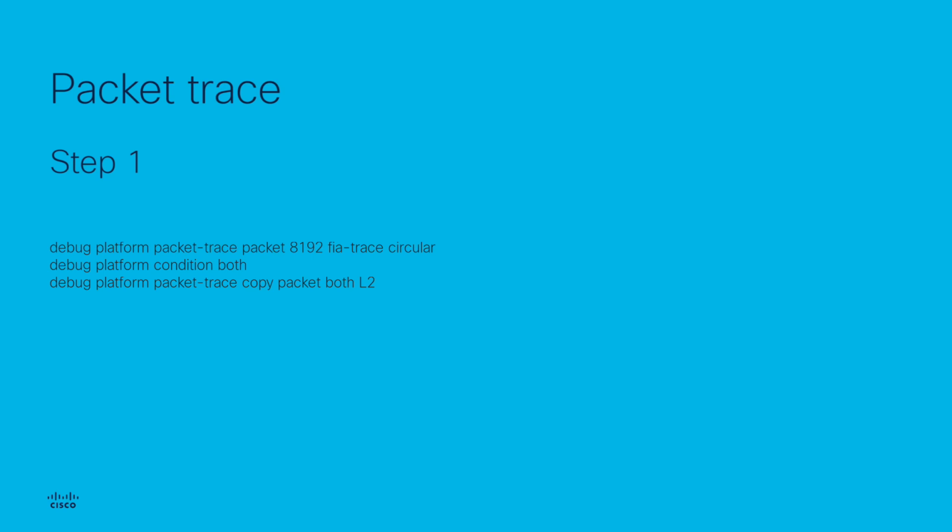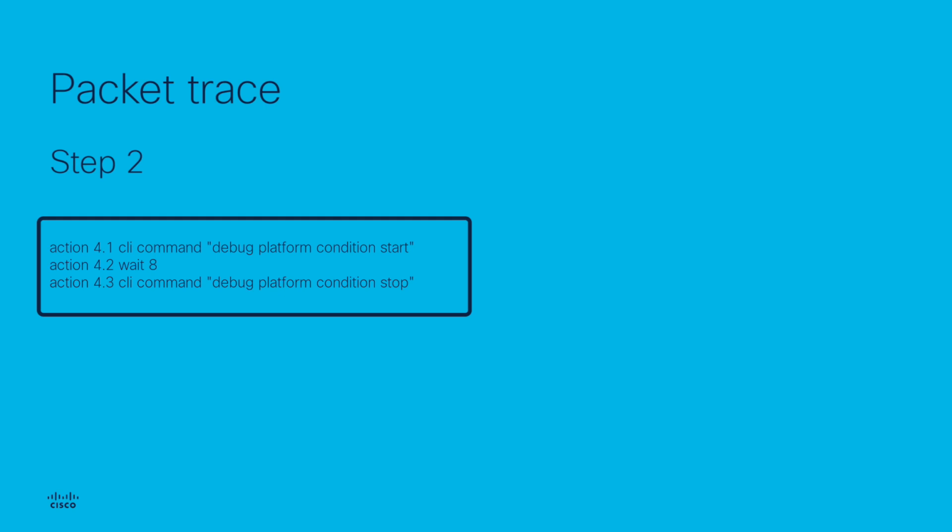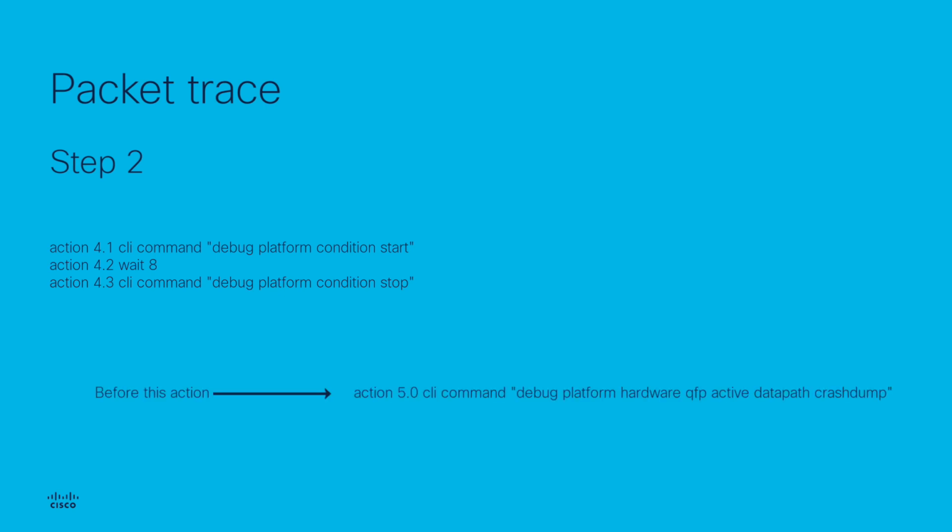If a packet trace is needed to understand packets causing the issue, this amendment can be added to the script. First, set up the packet trace configuration, which can be done out of the EM script. Then, start and stop it with these actions within the EM script before generating the crash dump.